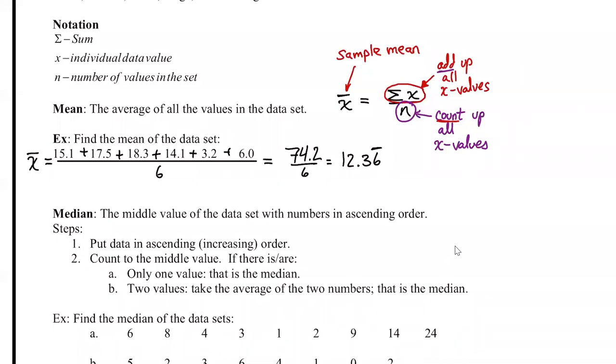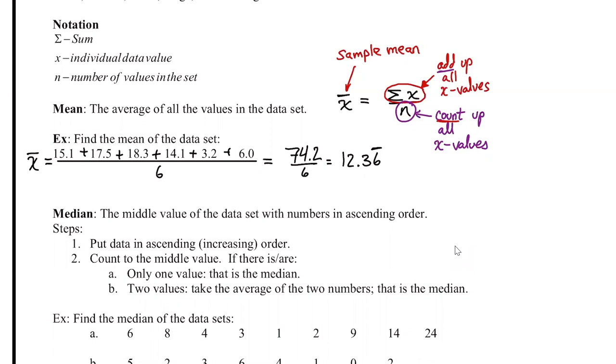You have the freedom to represent your answer any way you want. If you decide to round and you weren't told to round, you just have to make sure you round correctly. So if you decide to round this to the nearest tenth and you put anything other than 12.4, then it's incorrect based on the decision that you made to round to the nearest tenth.